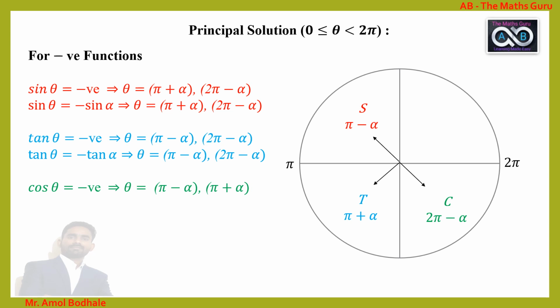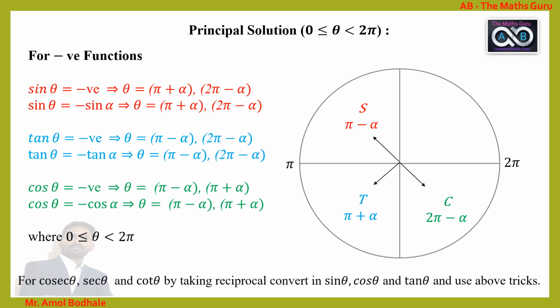The angle that lies in the second quadrant can be written as pi minus alpha, and the angle that lies in the third quadrant can be written as pi plus alpha. Therefore, cos theta equal to minus cos alpha, then theta equal to pi minus alpha and pi plus alpha are the solutions. So here remember that theta lies between 0 and 2 pi, that means 0 less than or equal to theta, strictly less than 2 pi.